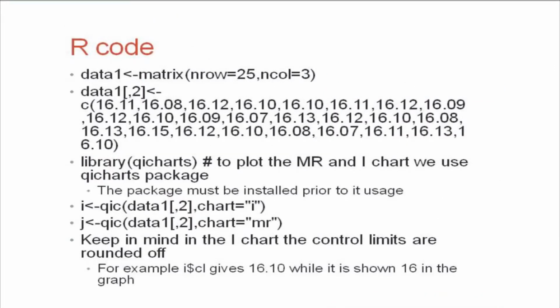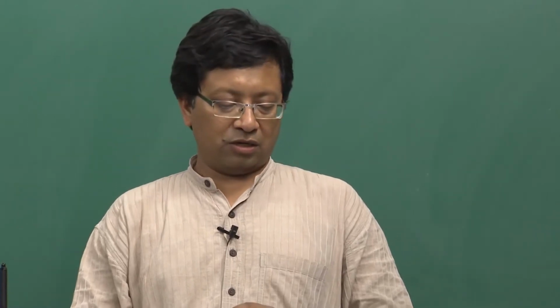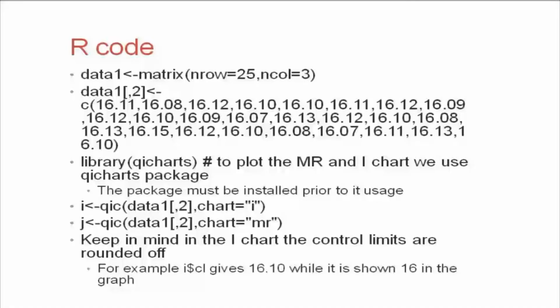So, we write the R code. You save the data in a matrix. The matrix is of size 25 cross 3, with the serial number, the can and the weights accordingly. The weights are given starting from 16.11 to 16.10, and we want to plot the moving range charts.